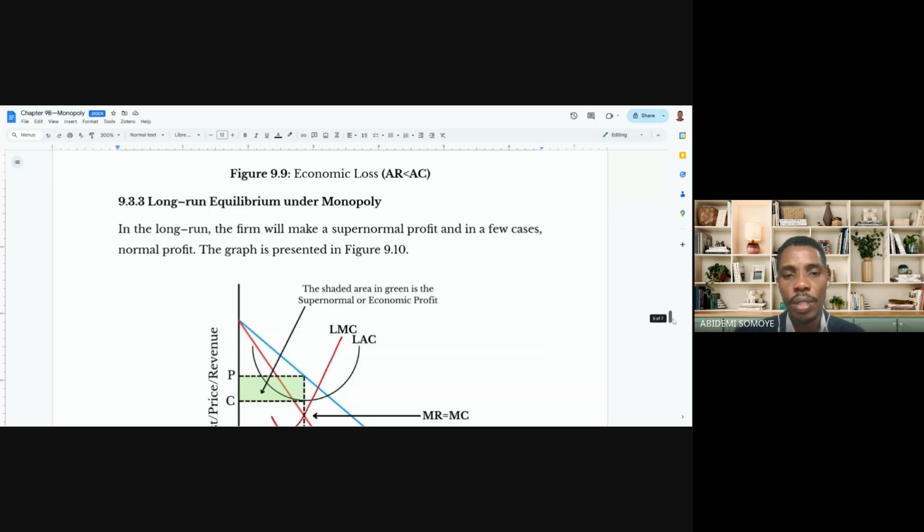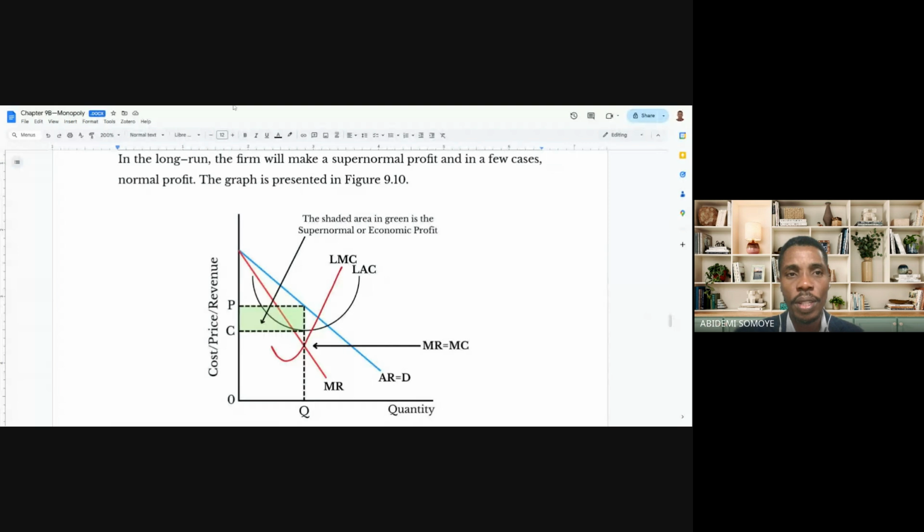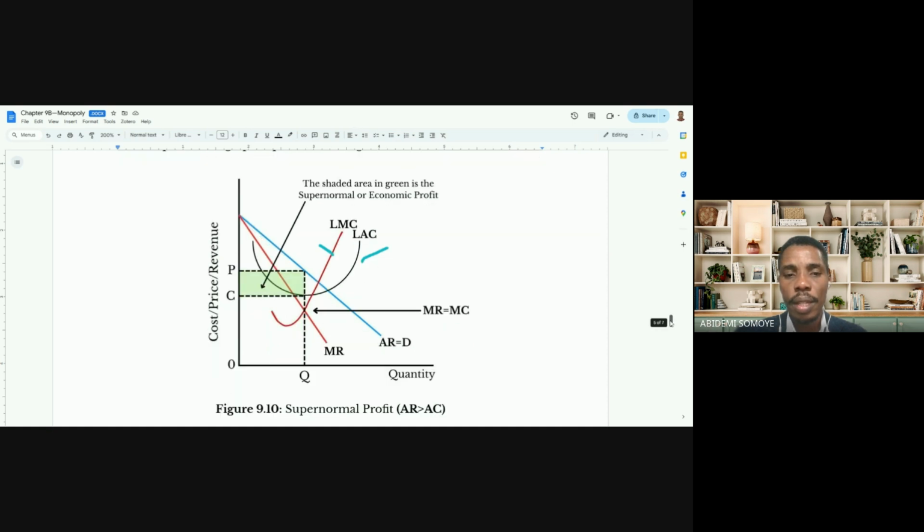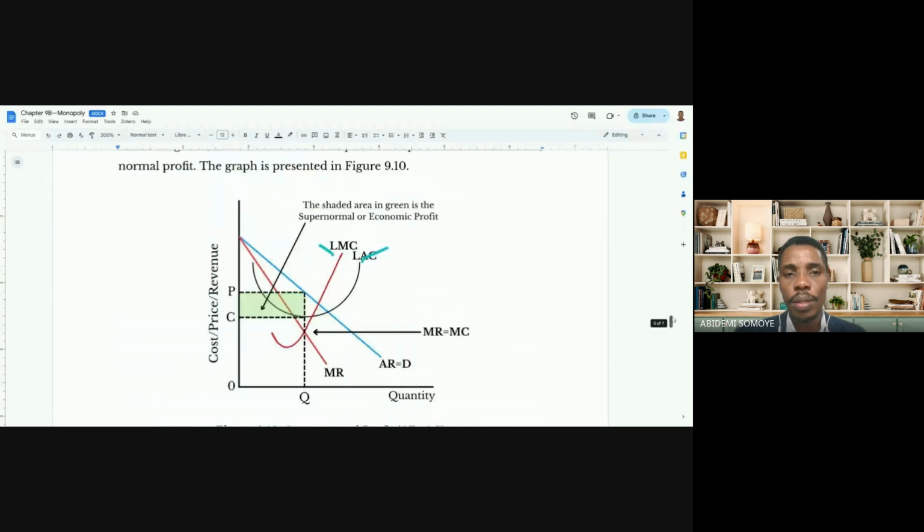The difference is just that we'll put long run marginal cost and long run average cost, but that's all. The graph remains the same. So in the long run, the firm in a monopolistic setting will make supernormal profit, and in some cases they're going to make a normal profit. Let's see some reasons.